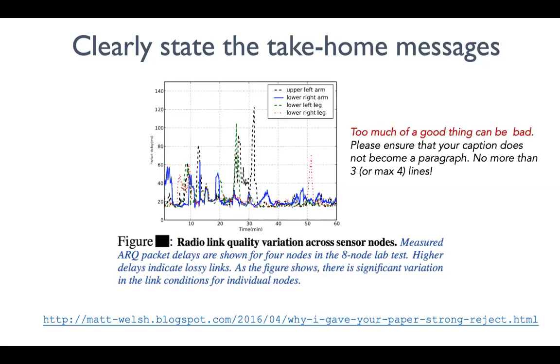So for example, if I have seen this with my students, I often recommend to them that they should make use of explanatory figure captions, but they sometimes write so much in the figure caption that it starts to appear like a paragraph. It should be never more than 4 lines. Ideally, it should be 2 or 3 lines.